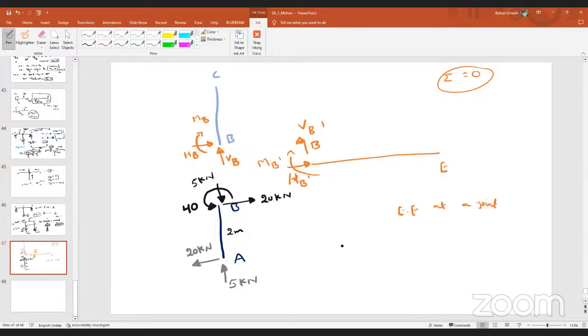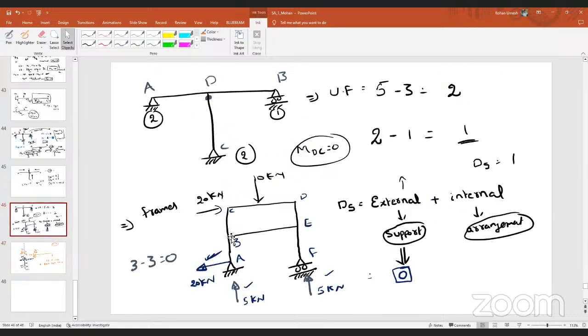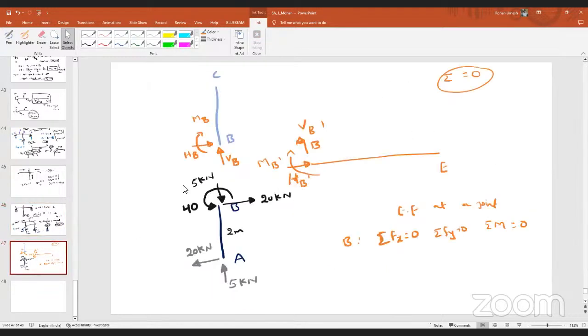So at joint B, the summation of forces in one direction is 0, summation of forces in the other direction is 0, and summation of moments is equal to 0. At B, I have divided into 3 different members. So what is the net force at point B along the horizontal direction?